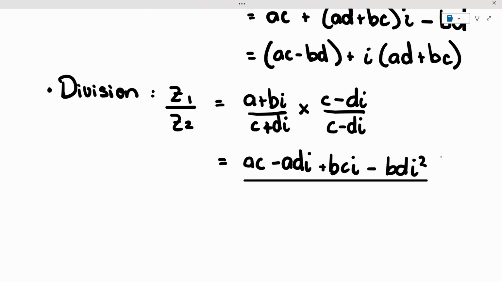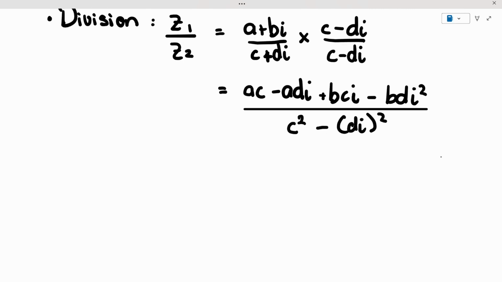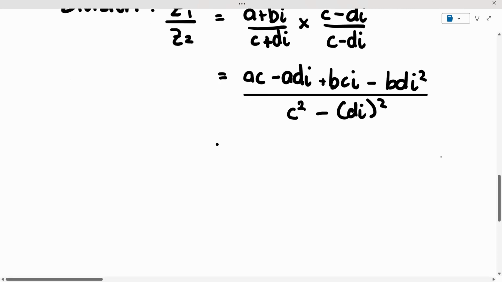This is c plus di times c minus di. So we can just square the first term, c squared, minus and square the second term, di squared.